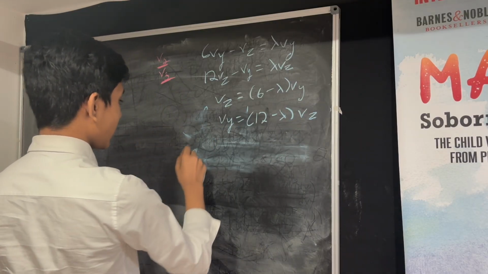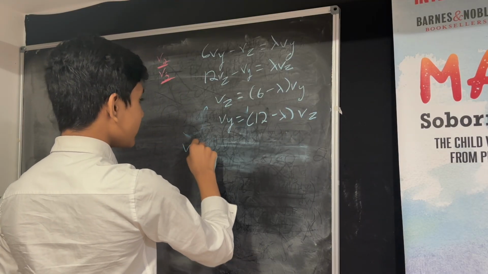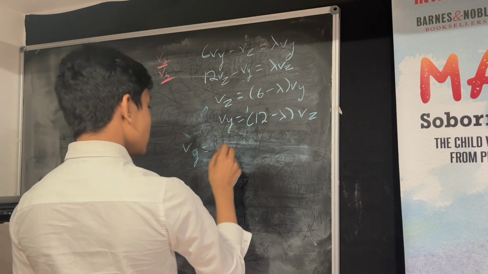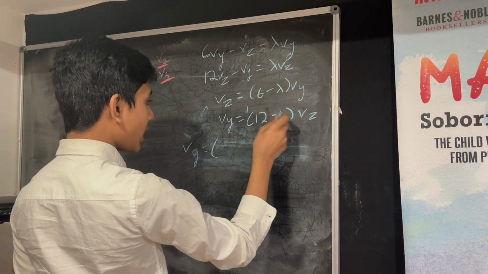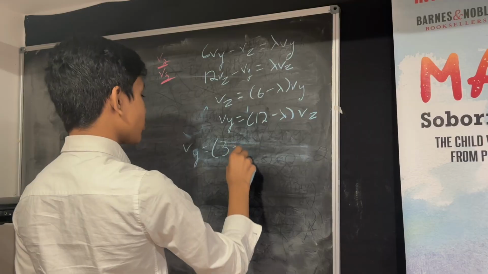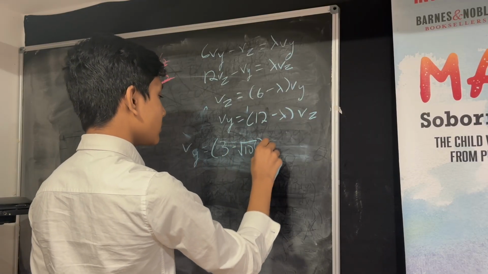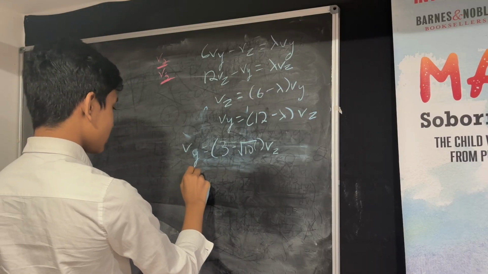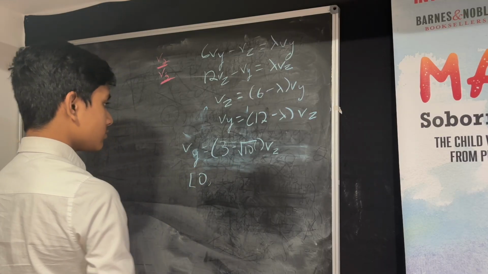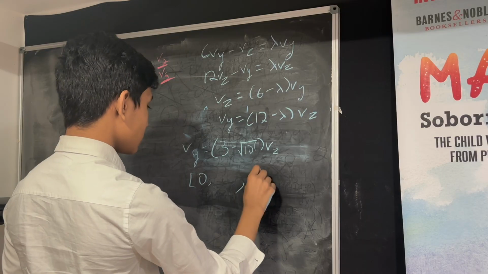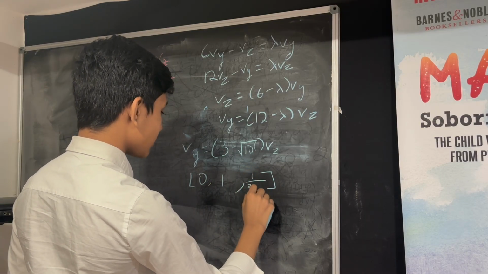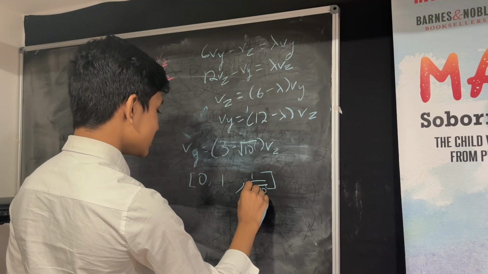So then all we have to do is set Vy equal to, well, lambda 2 is 9 plus rad 10, which means 12 minus 9 plus rad 10 is 3 minus rad 10 Vz, which gives 0, 1 over 3 minus rad 10. Pretty simple.